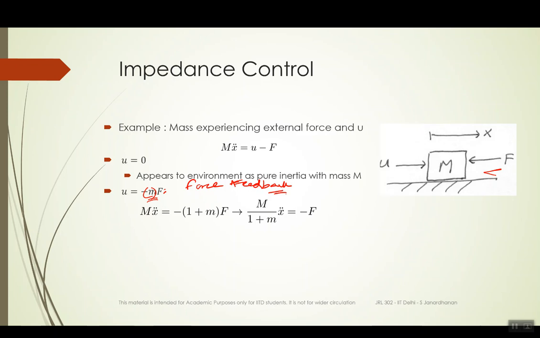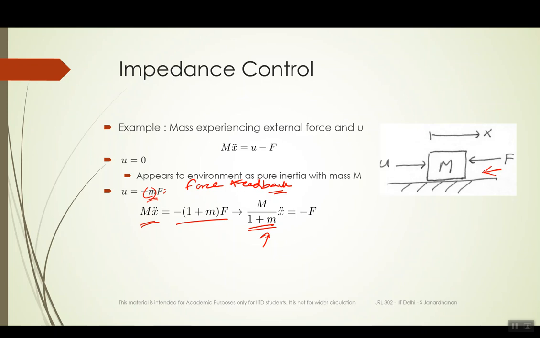Okay, the environmental force is detected by some force sensor, and that is fed back. So now in this case, you have mx double dot is minus 1 plus m times f. Okay, so now apparently it looks as if the inertia of the system has decreased.